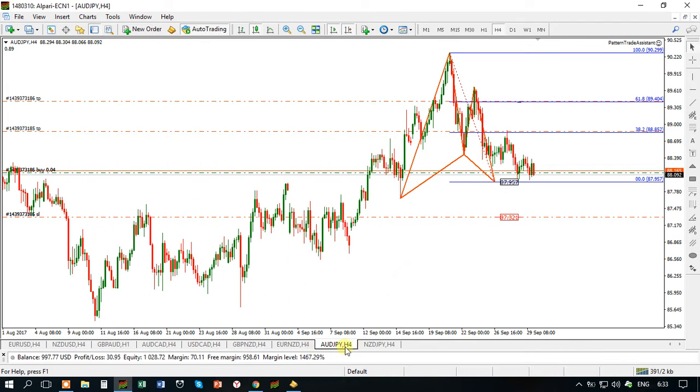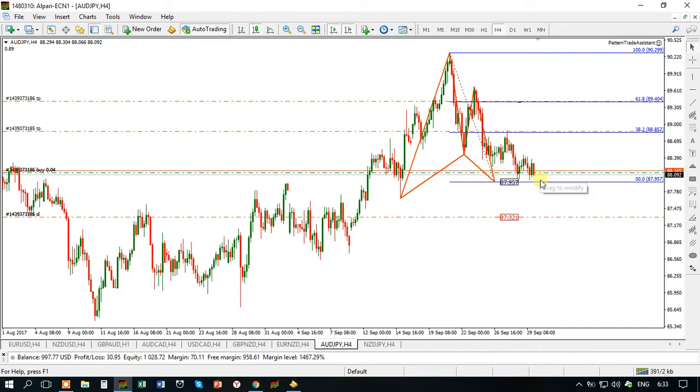Okay, Aussie yen. I entered a bit earlier because when I was placing this trade, the spread was widened a bit. It was widened pretty much, as you can see. And my pattern trading system, when it places the trades, adds one spread to that entry.